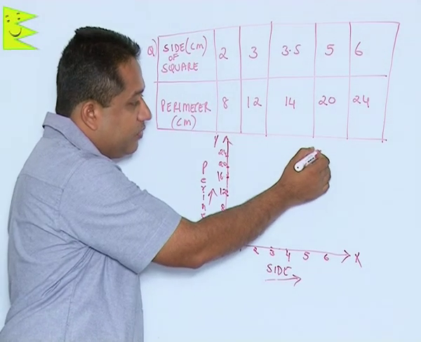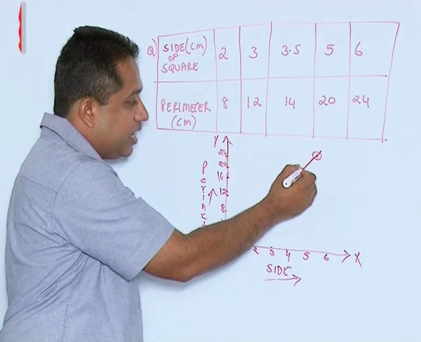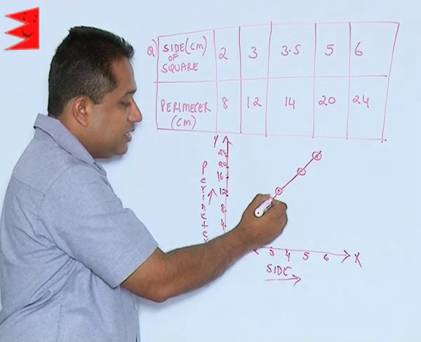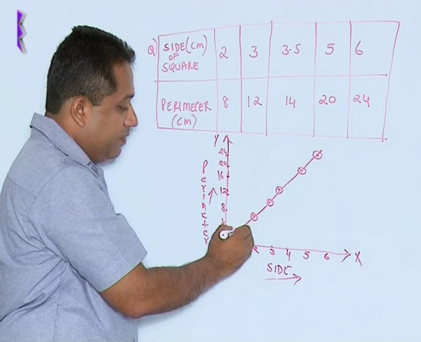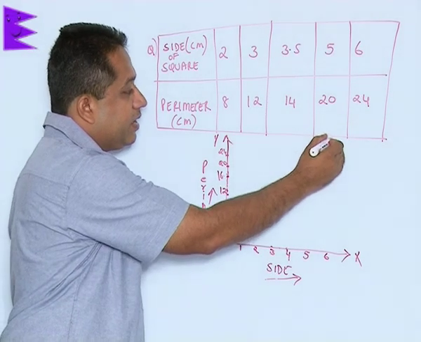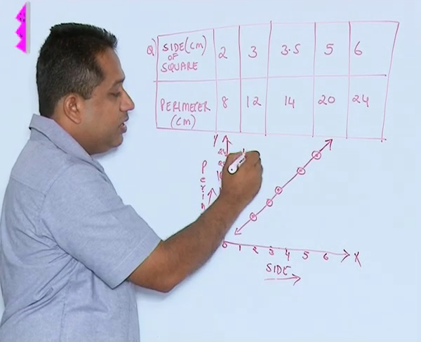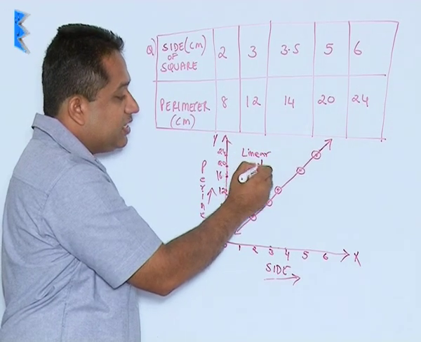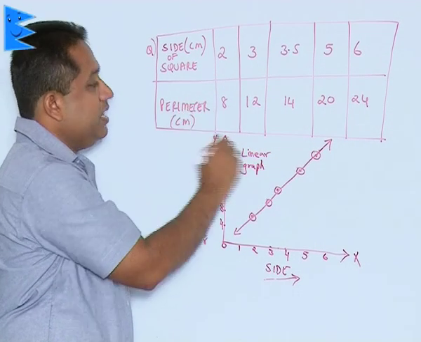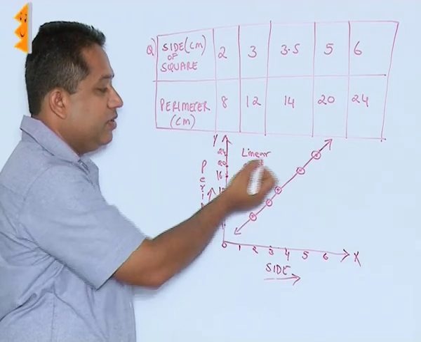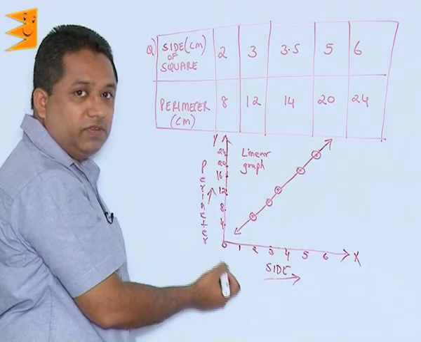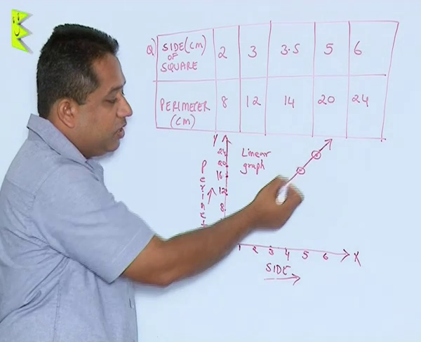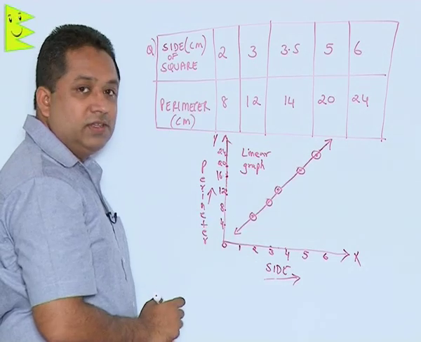However, in this case we find that all the points can be joined with the help of a scale, and they will lie in a straight line, and such type of graphs are called linear graphs. So, the plot between the side of a square and its perimeter is a linear graph, because on plotting we observe that all the 5 points here are lying on the same straight line.